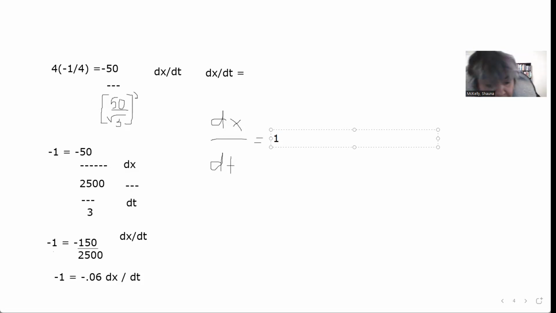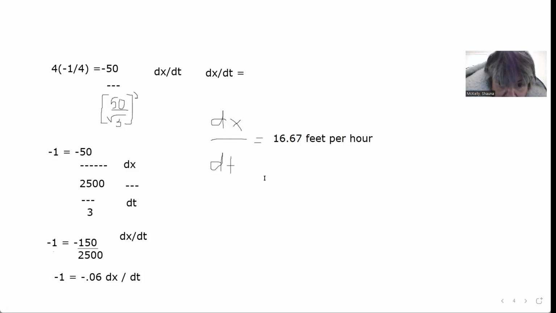And that's actually 16 2/3, if you want to do that. So it's going to be in feet per hour. So the shadow is getting longer by 16.67 feet per hour.